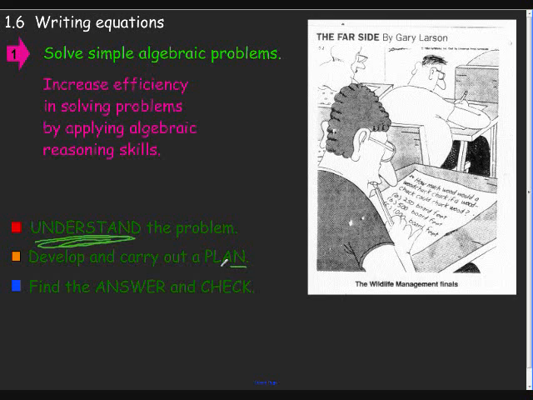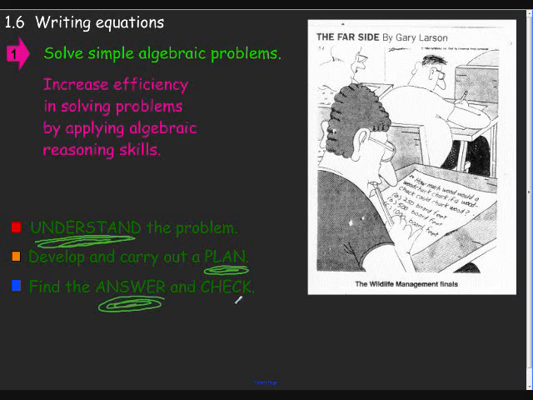Understand what's being asked. I hate to tell you how many times I've looked at tests and quizzes where students do beautiful work, but they don't answer the question that was asked.